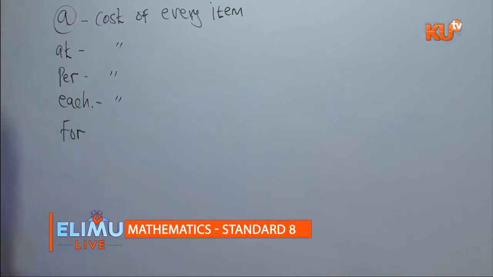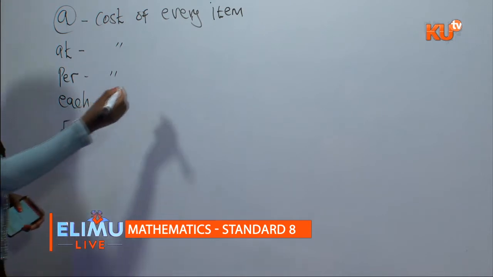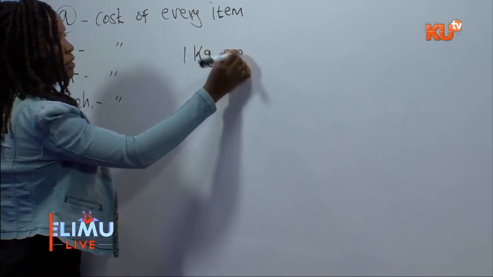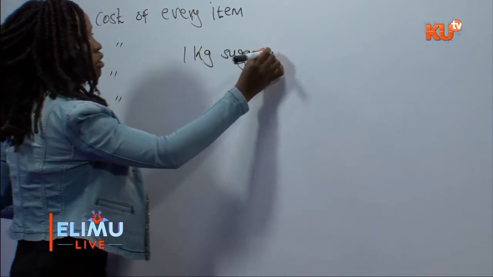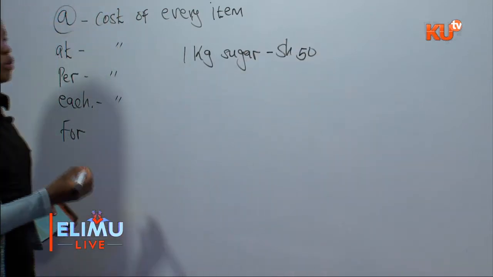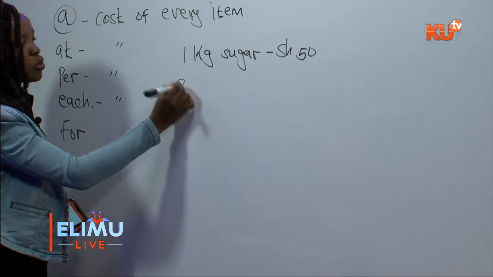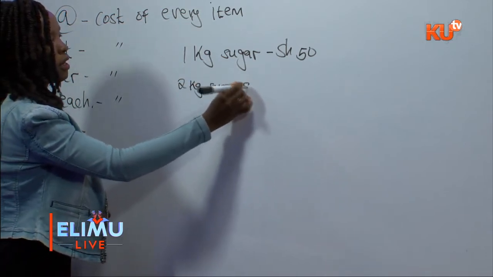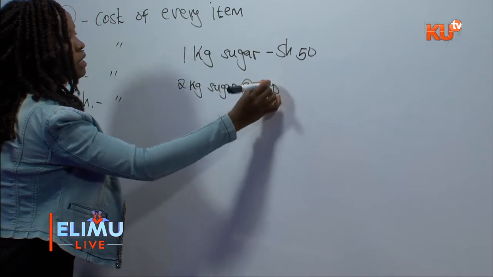For example, maybe I told you that 1 kg of sugar costs 50 shillings. And then you're told that maybe someone bought 2 kgs of sugar at 50 shillings.